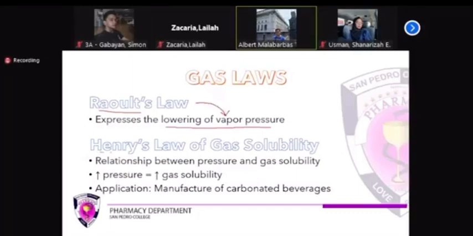Next, we have your Henry's law of gas solubility. Henry's law, it expresses the relationship between pressure and gas solubility. So the higher the pressure, the higher is the solubility of the gas. Henry's law.